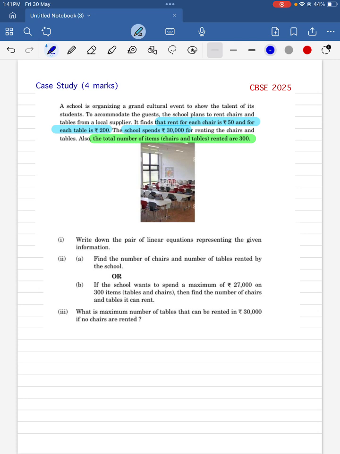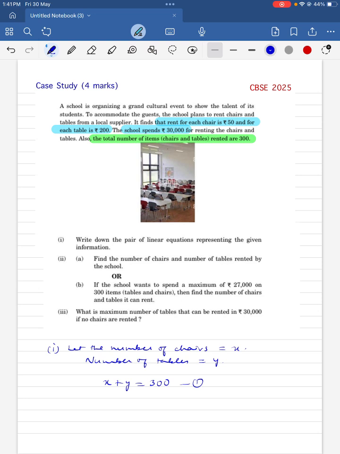Okay, so in order to form the first equation, let me assume that the number of chairs be equal to x and number of tables be equal to y. Now we know that the total number of items rented are 300, which means x plus y is equal to 300. I have my first linear equation.